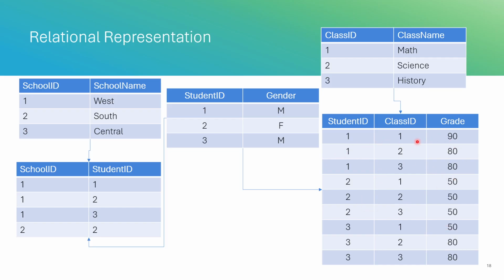We have the student, the class, and the grade, and we can use all these relationships to understand different things, and we can have queries. Hey, give me the average of math. Then I only pick up in this table the class ID for math, and I can average them easily. Or hey, give me the average for student one, then I just use student one and average here.